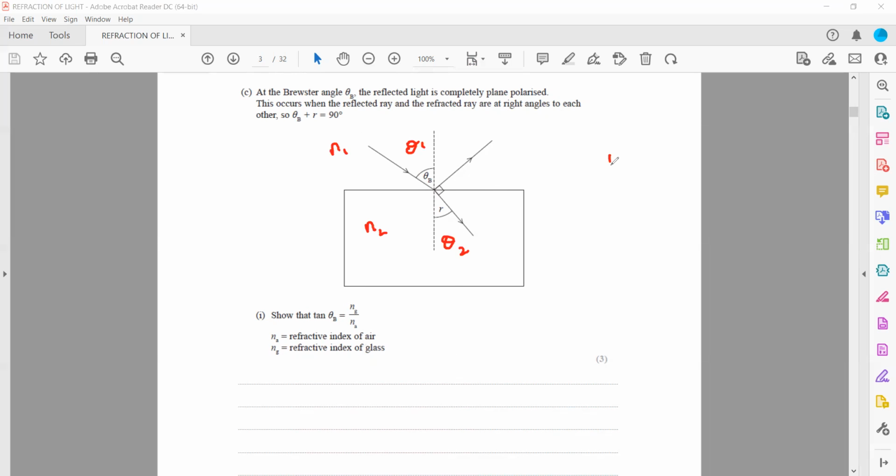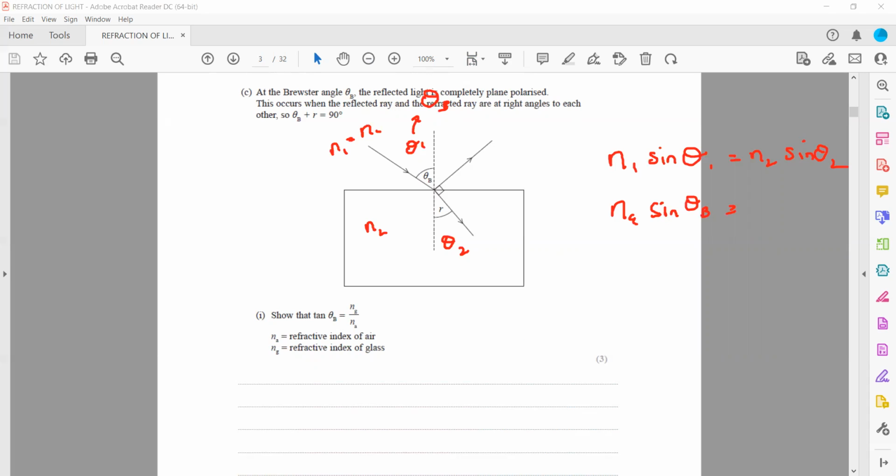So according to Snell's law, n1 sine theta 1 equals n2 sine theta 2. What is n1? n1 is the refractive index of air, which we call Na, and theta 1 equals theta b. So this one is Na sine theta b.